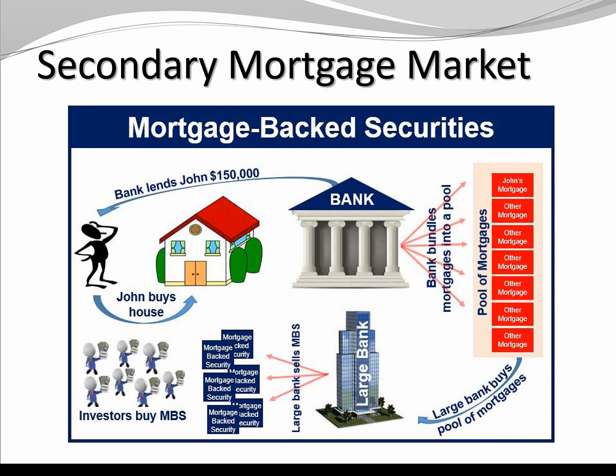So what happens in the secondary mortgage market is how mortgage-backed securities are created. For example, in this picture, we have a home buyer John who buys a house, and the bank lent John $150,000 for the loan amount. John has the responsibility to pay the bank a mortgage payment every month.